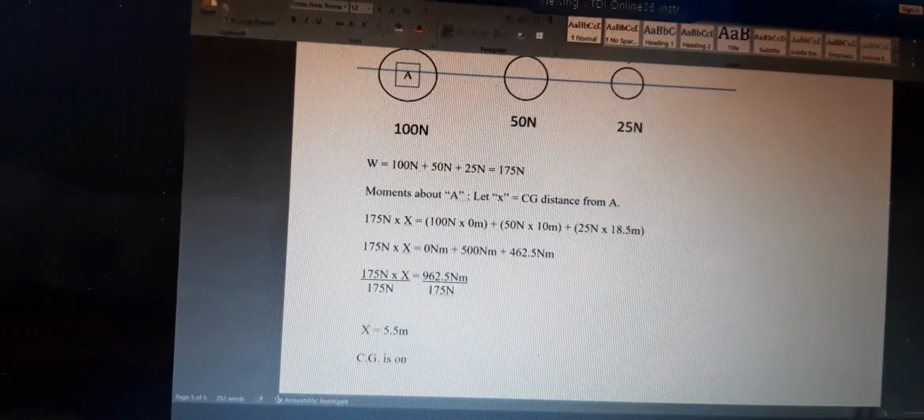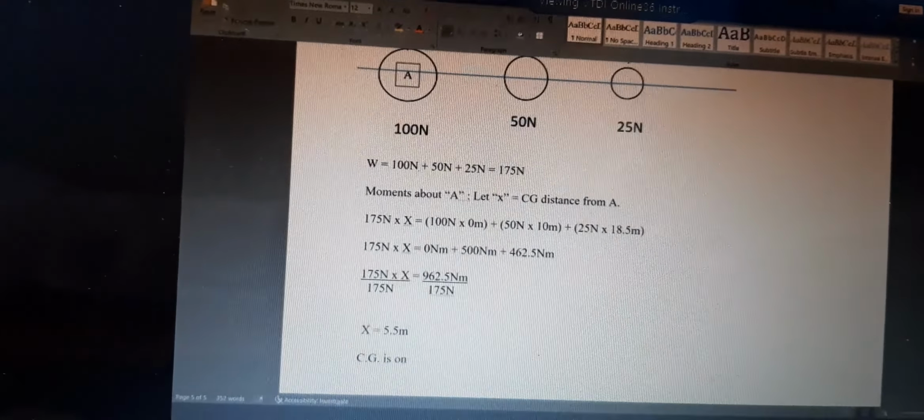So you just write your little note to say CG is on the line, because you'll have to label it, you know. In this case I didn't label it, so you could say ABC, because we're saying ABC, that's the first thing. Or if it's two of them, AB, or AC, whatever.